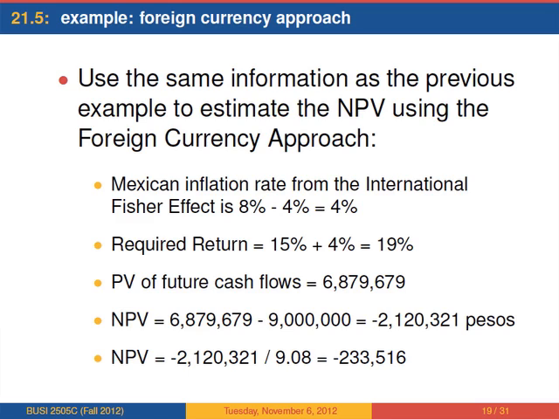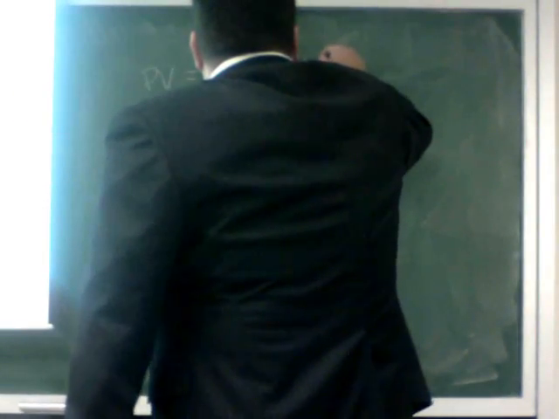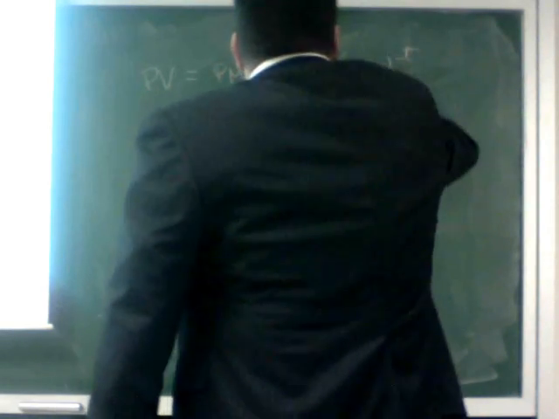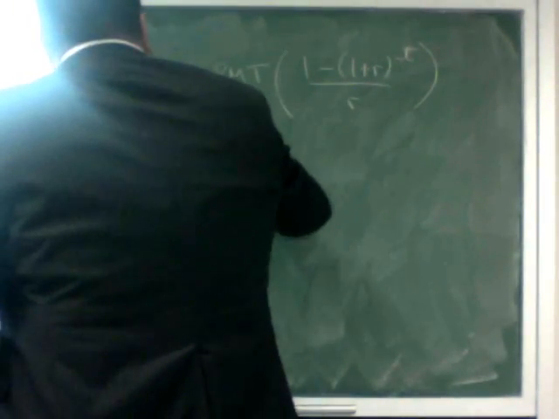So the present value of the future cash flows, well, that's just that 6879. That would be the present value. Because it's an annuity now, it's a lot simpler. It's the payment times 1. So the payment's 2.25 million.